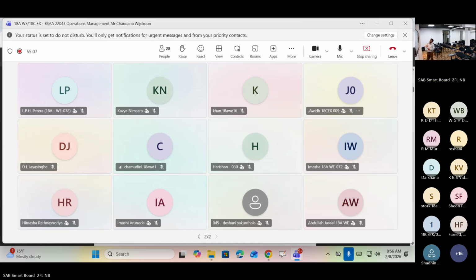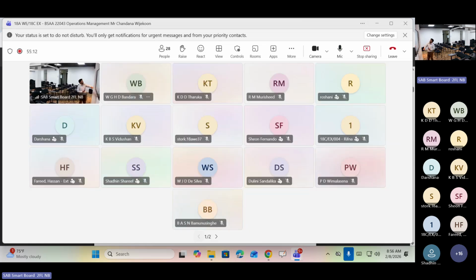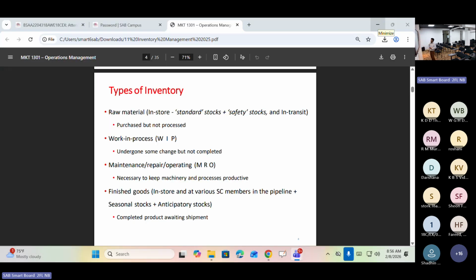Usually you can send messages also, but I don't see that option here. Anyway, you can unmute yourself and ask questions if something is important. Is there any question, or shall we move forward? No, sir. How about others? No, sir. Right.